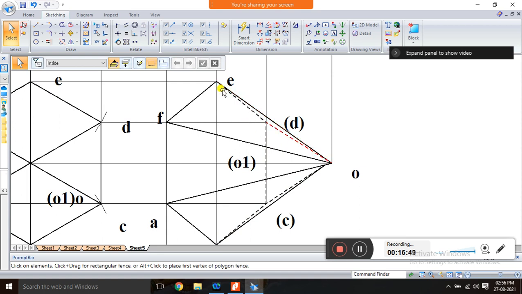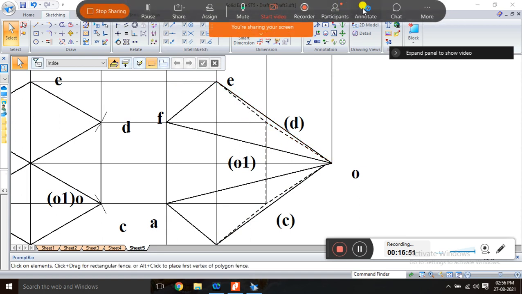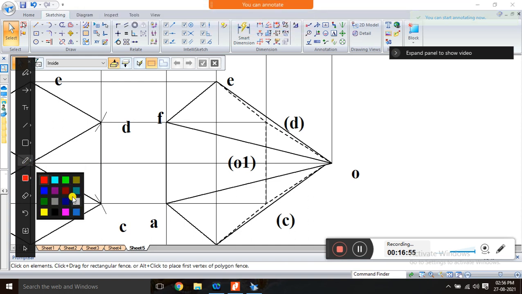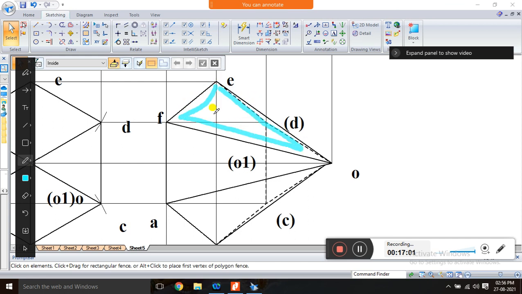Only this is visible. E to F and O to E is one visible face, F A O is another face visible, and A B O is another face. Only 3 faces are visible, and the back 3 plus the bottom face are not visible.